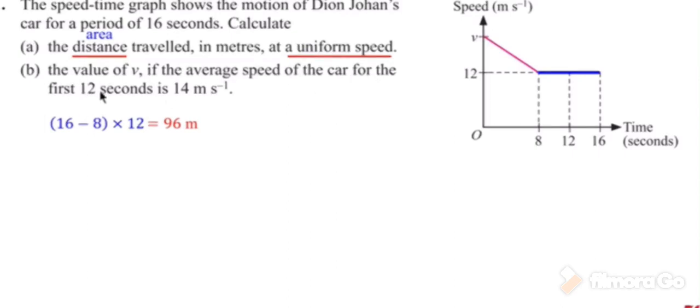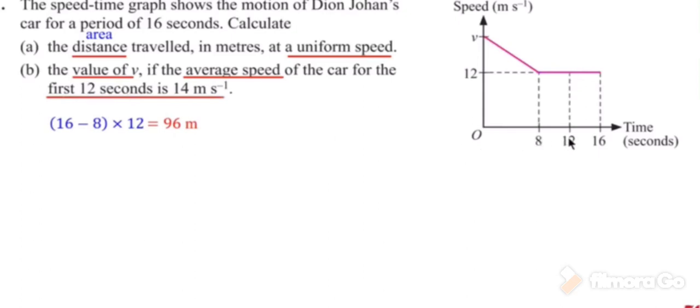So now they give you the average speed, and you need to find V. This one is a bit difficult, but it's okay. Let's do it carefully. First of all, we need to write down the formula for average speed, and we must take note that it is for the first 12 seconds. Please highlight: first 12 seconds.